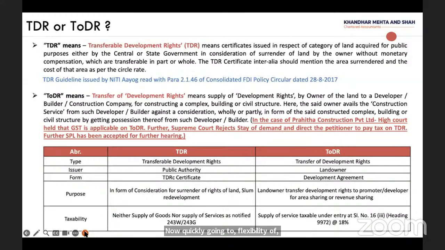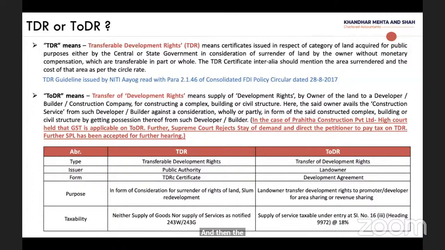This is what, at the beginning of the lecture, I had discussed about the immobile property. But keeping it aside, whether the development rights are taxable or not, because I have referred to a particular judgment over here, Prahita Construction, wherein they said that GST is applicable on transfer of development rights. Then the petitioner went to the Supreme Court.